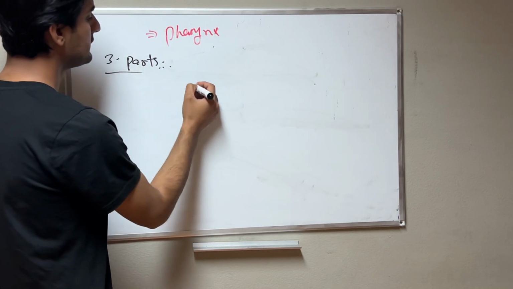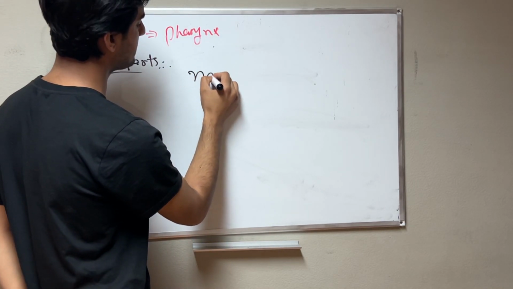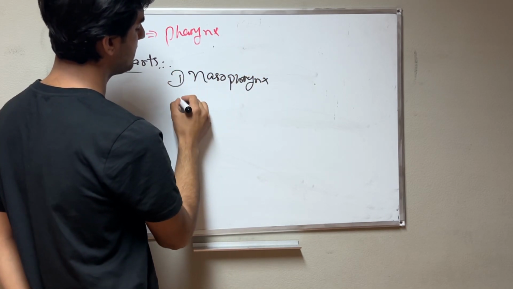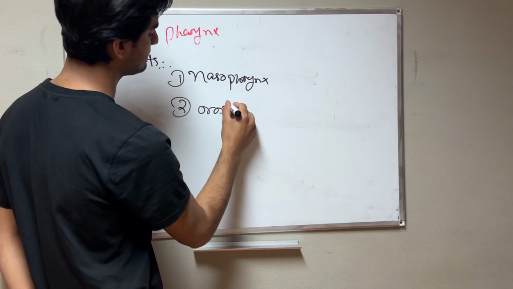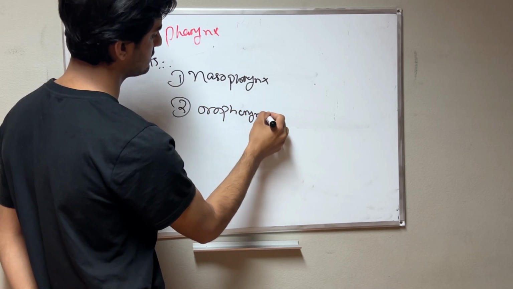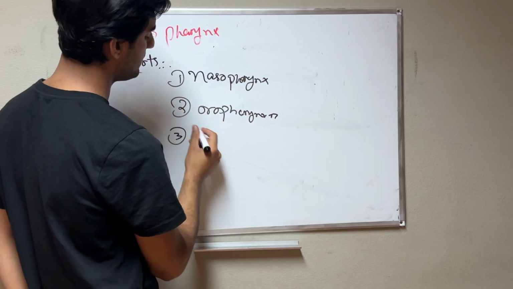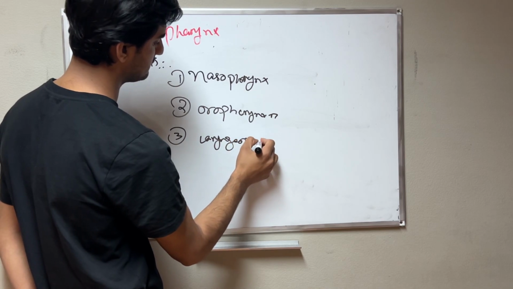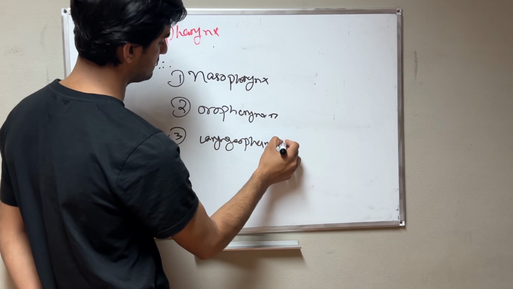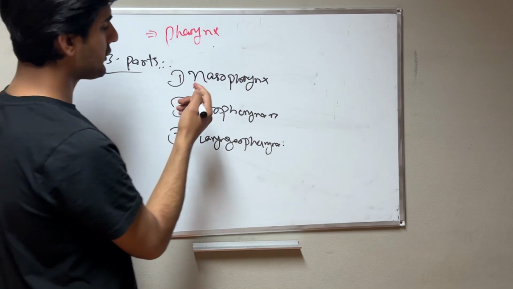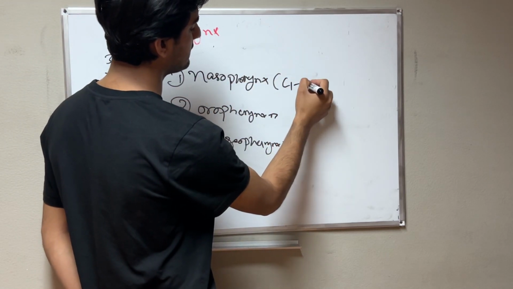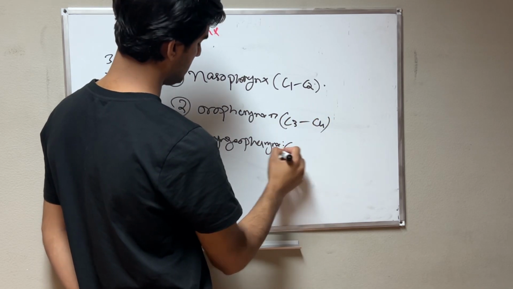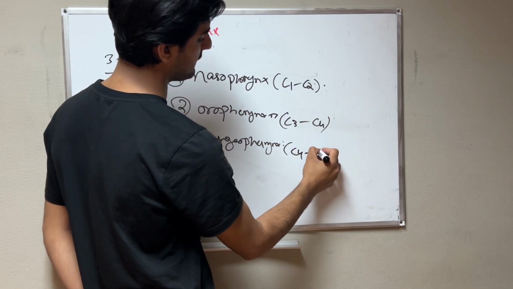First we have the nasopharynx, second the oropharynx, and third the laryngopharynx. The nasopharynx is from C1 to C2, the oropharynx is from C3 to C4, and the laryngopharynx is from C4 to C5.